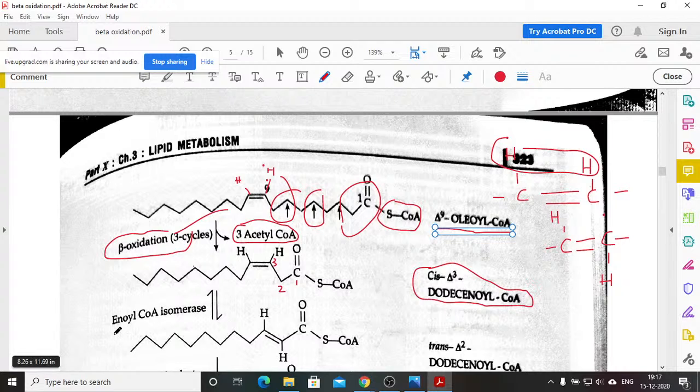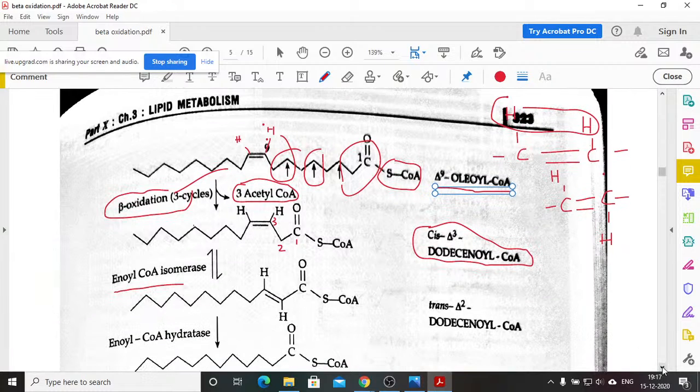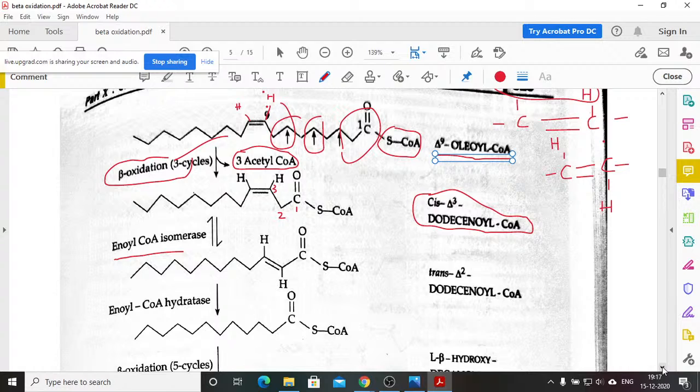Now this enzyme, enoyl CoA isomerase, works. What does it do? It reconfigures, and this is converted into a trans configuration. You can see the hydrogen atom that was above now comes below.